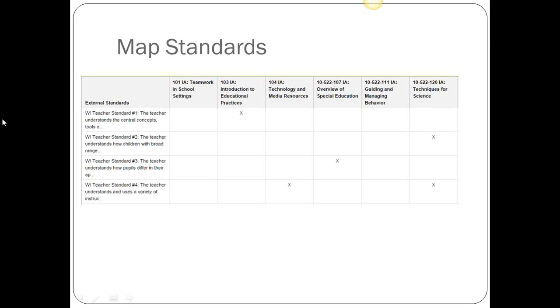You might look at where that particular standard is addressed in a course. Then you can further look at that course and see what kinds of assessment strategies are in place or what kind of learning activities are teaching a particular concept, and make adjustments so that student success can increase or improve.